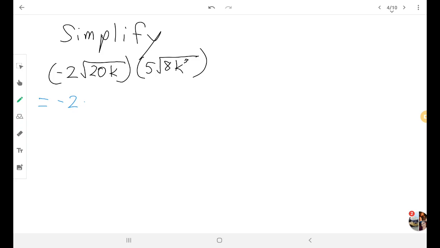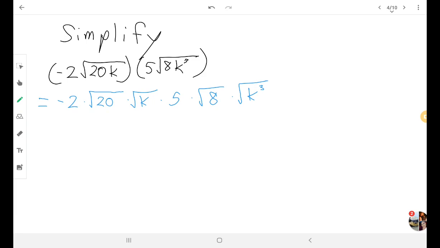times, and I can pull apart the square root of 20 times the square root of k times 5 times the square root of 8 times the square root of k to the third.